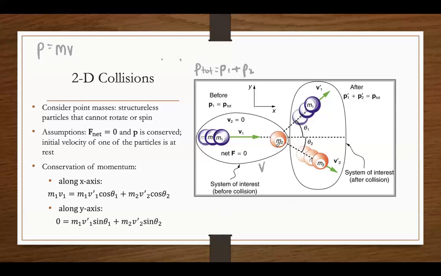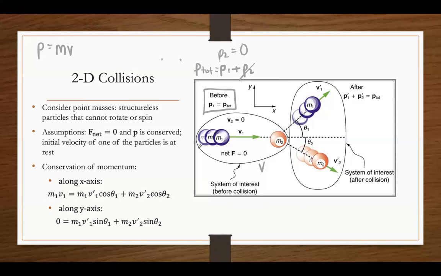V2 is actually 0, it's not moving. So P2 is actually going to be 0 as well. So before our collision, the total momentum is just based on our first mass here. Let me go ahead and point that out.